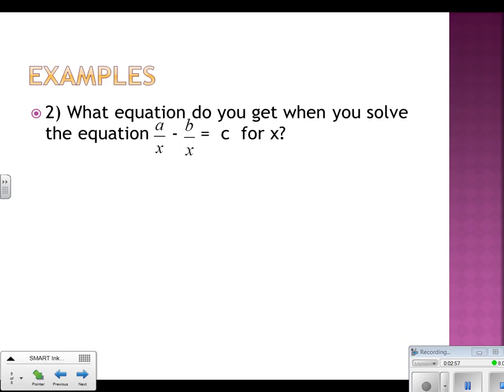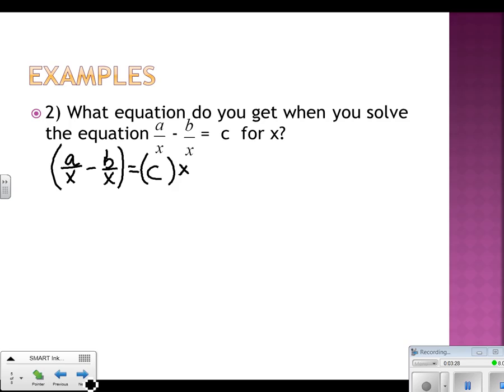What equation do you get when you solve the equation a over x minus b over x equals c for x? So what we want to do here is multiply both sides of the equation by x. I'm going to show you what happens if I write out a over x minus b over x is the same as c, and I multiply both sides by x.